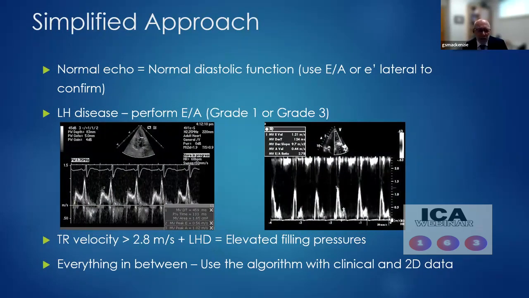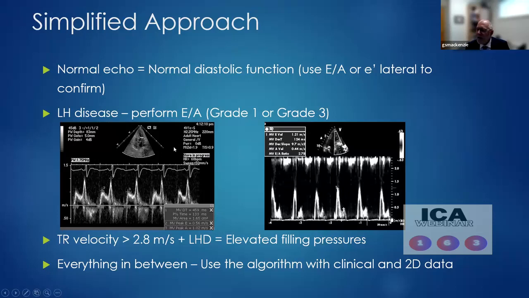Now, a simplified approach, I think some of these things to remember would be that if the echocardiogram looks normal, it likely has normal diastolic function. If you want, you can quickly do an E to A ratio or a simple E prime lateral to confirm. And if your E prime lateral is 10, 15, 20, you know that that patient has normal function. If the patient has left heart disease but normal function, you can perform the E to A ratio.